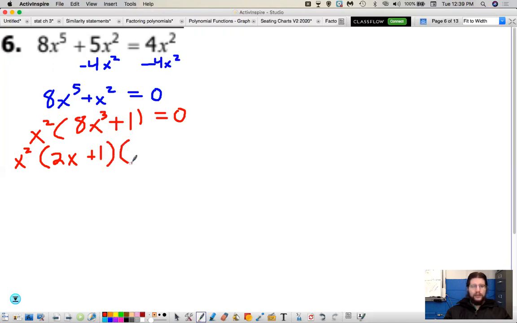And remember, it's a squared, so we just found a squared, so that's 4x squared. This is a sum of cubes, so this is a plus and this one's a minus. A times b, 2x times 1 is 2x. Plus b squared, so plus 1 equals 0.